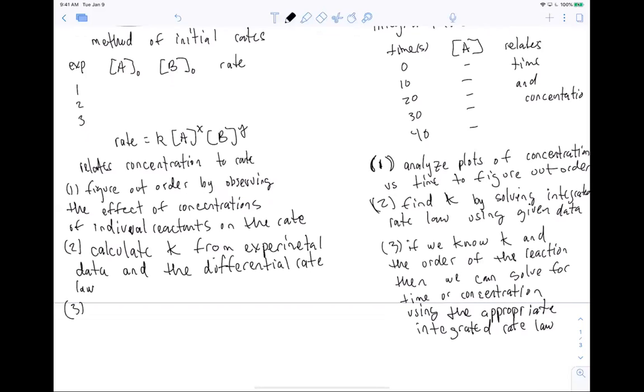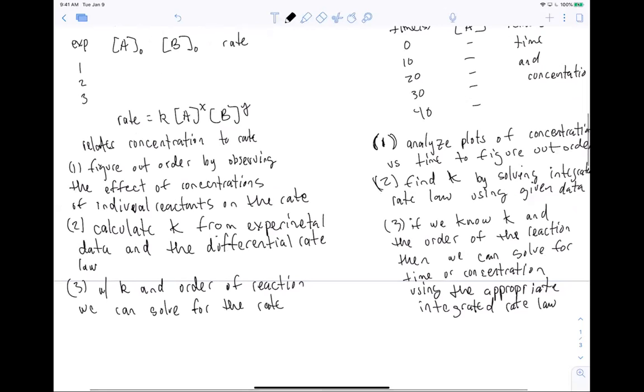And then third, if we know the order, sort of the same thing: with K and the order of the reaction, we can solve for the rate or concentration. Let's just say rate at a particular concentration.